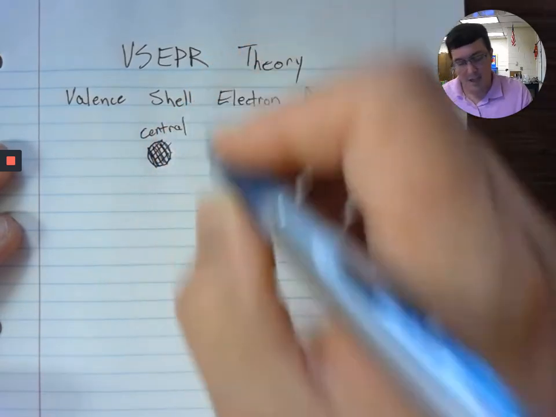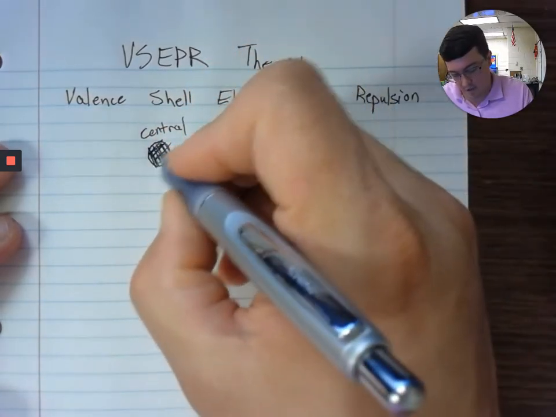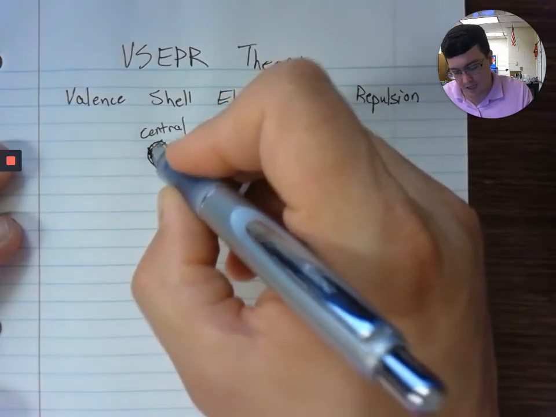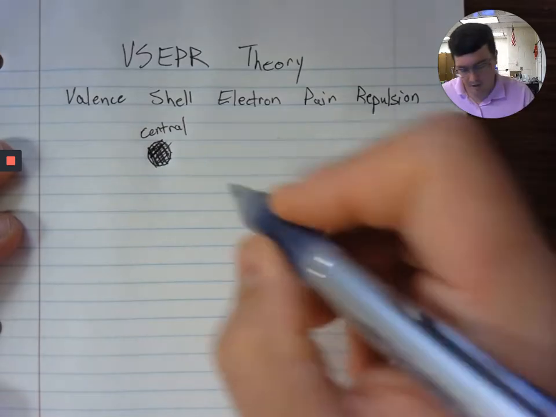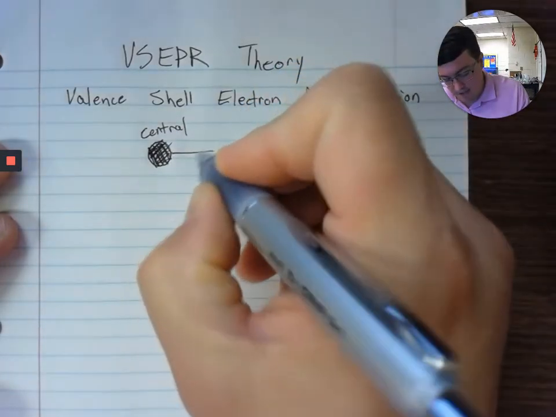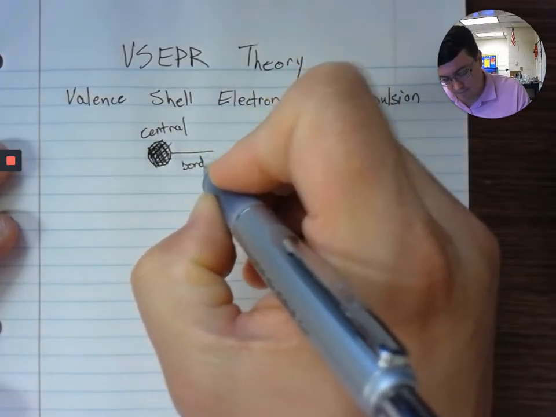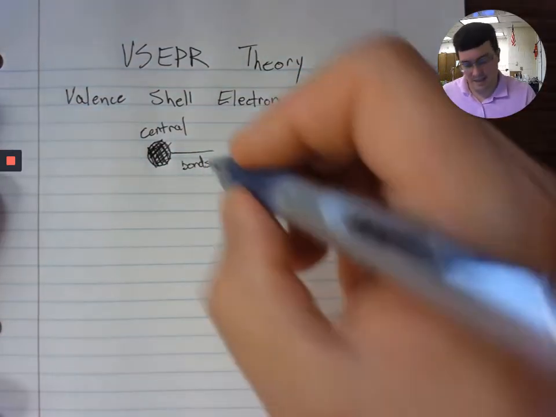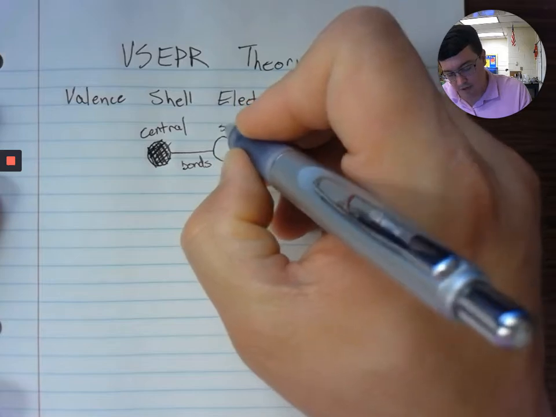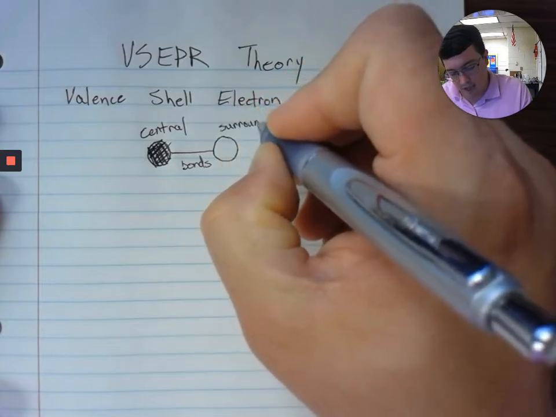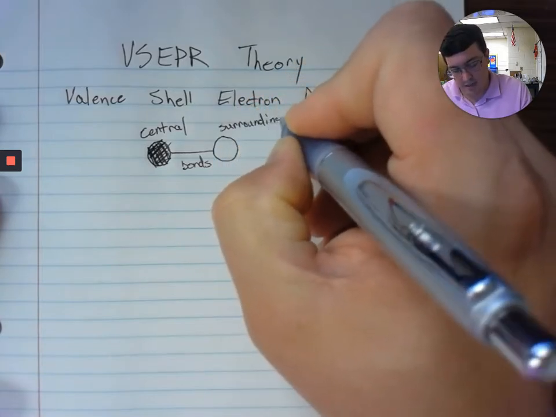I have an ink pen here, and I'm going to use some shading, just this beautiful shading technique. Oh, in another life, perhaps I could have been an art teacher. And then we're going to draw bonds like this. And then we're going to draw our non-central atoms, or our surrounding atoms, as an unshaded atom.